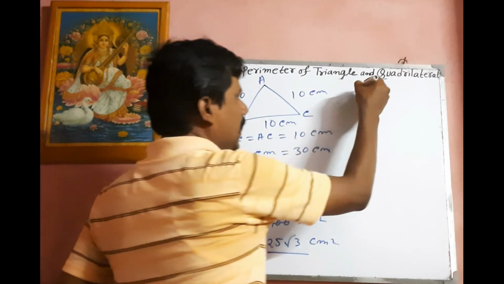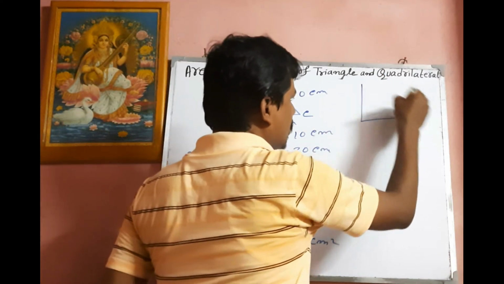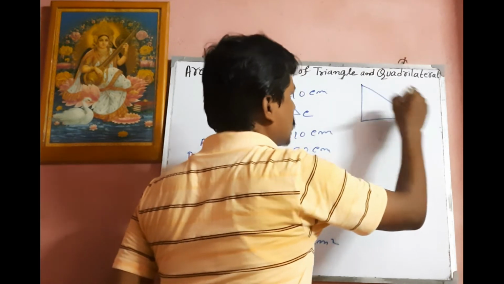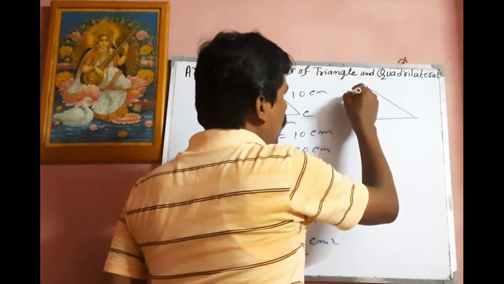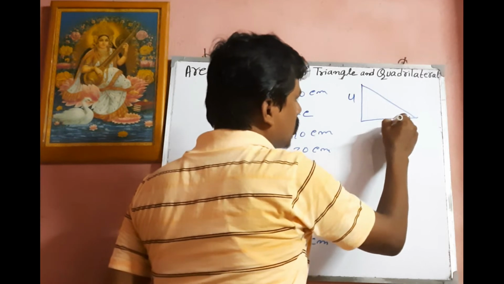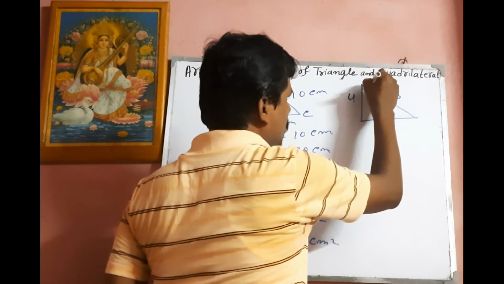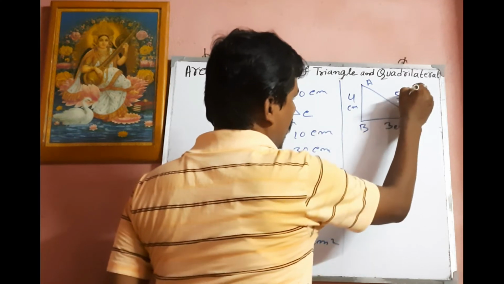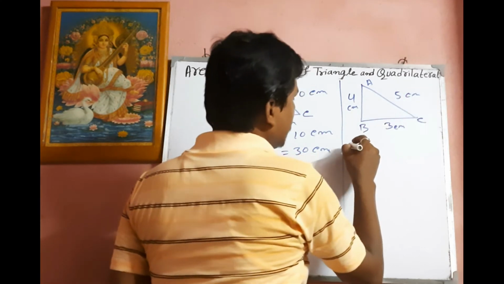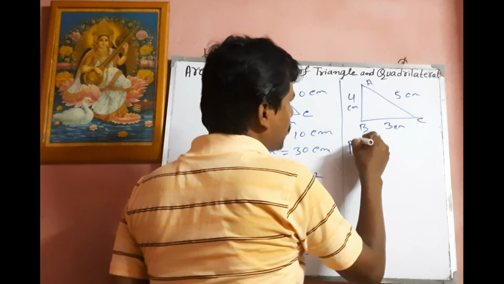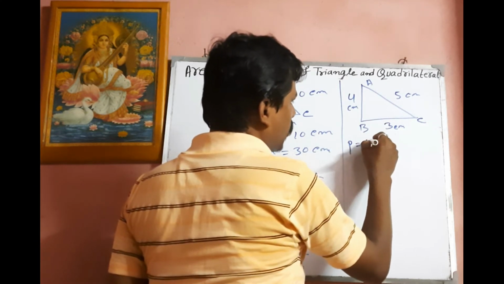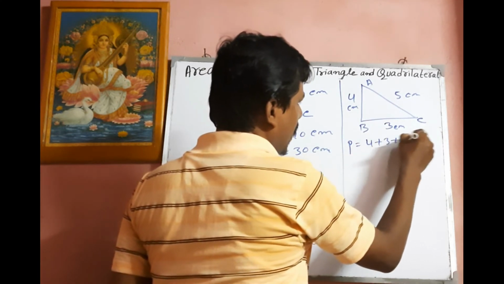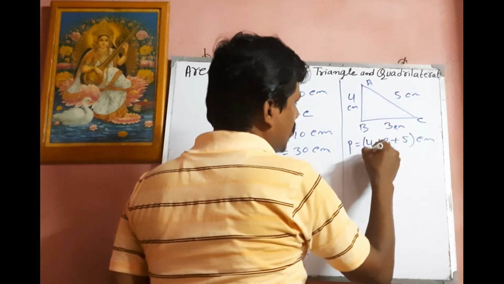Now if we take another triangle, a right angle triangle, with sides 4 centimeter, 3 centimeter and 5 centimeter. Then the perimeter of triangle ABC is equal to 4 plus 3 plus 5 centimeter.